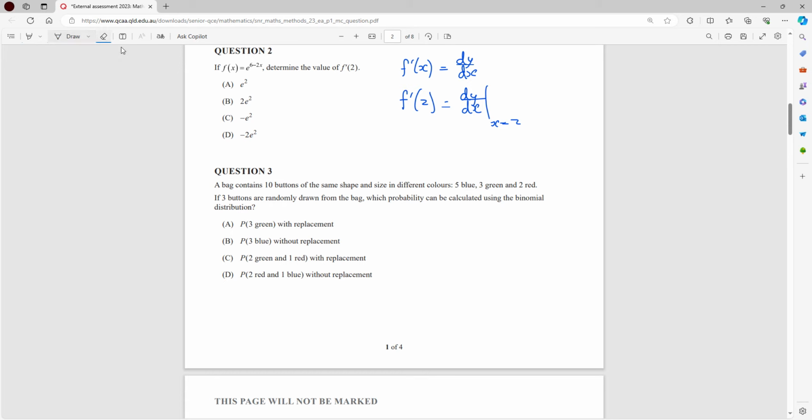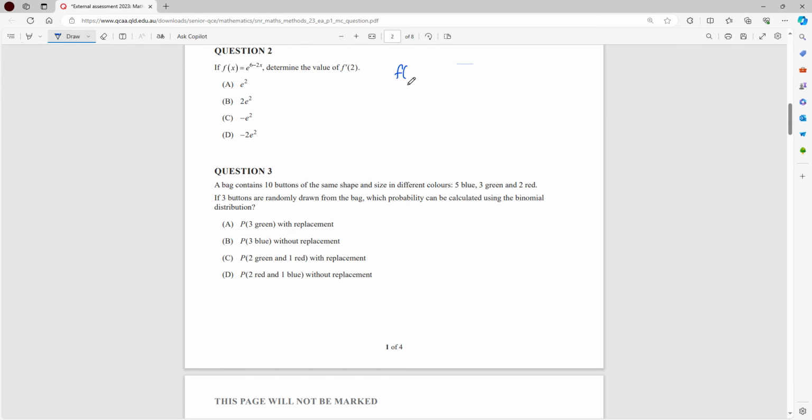First of all, we need to work out what f dash of x is, so we have to differentiate. We can see straight away it's an Euler term, so we know how to differentiate an Euler function. It's just itself, so this would just remain the same. However, we have an inside function in its corresponding power, so what we have to do is a chain rule. You have to differentiate the inside function and the outside.